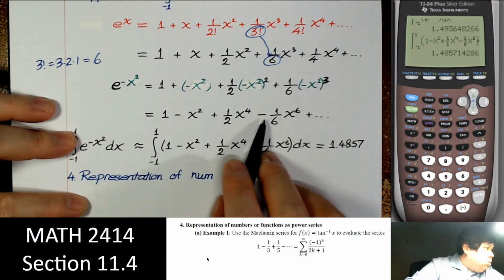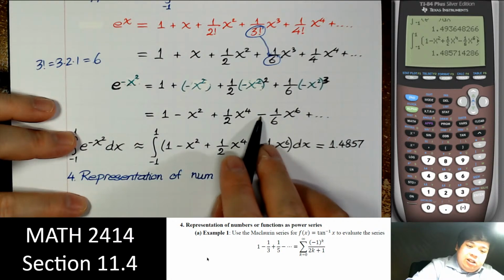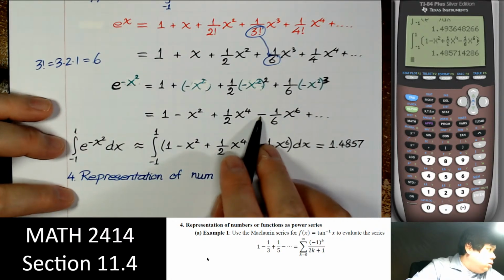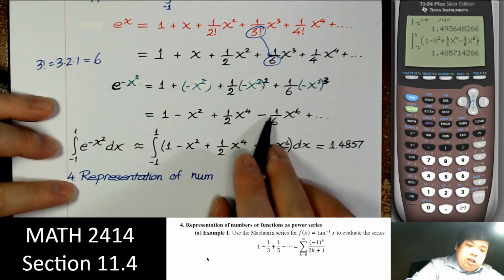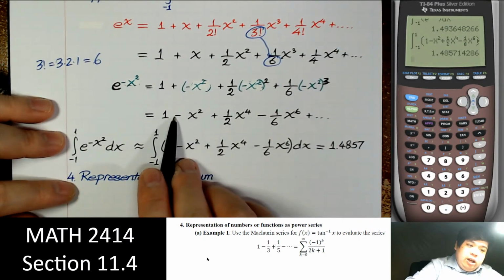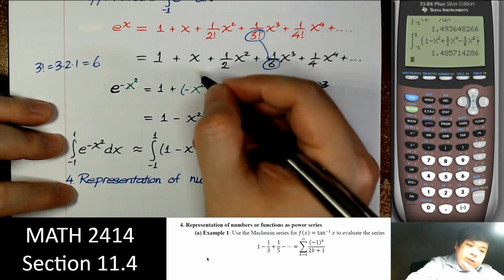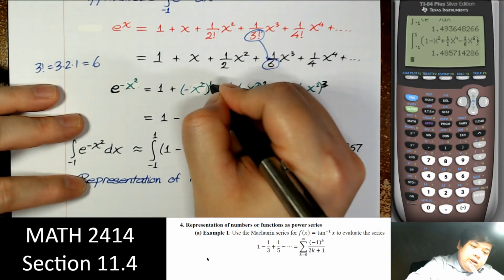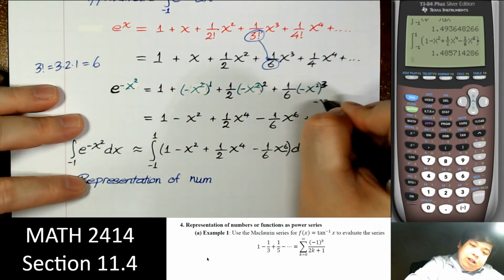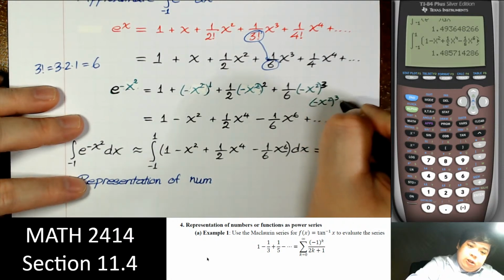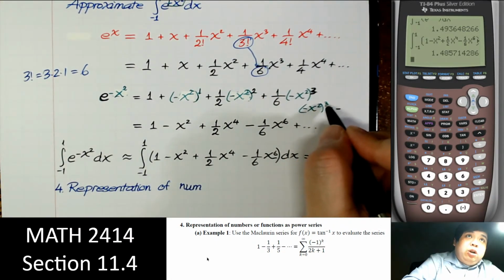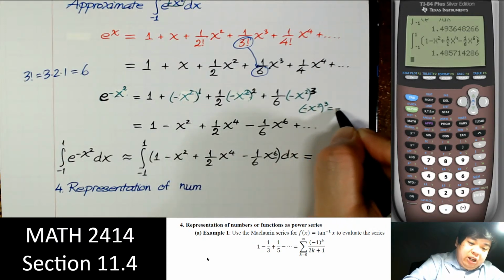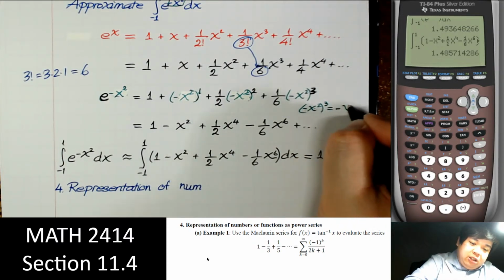Oh, why is that negative here? Oh, this negative. This is to the first power, so it's negative. Negative x squared cubed is negative cubed, and a negative cubed is still negative. x squared cubed is x to the 6th.